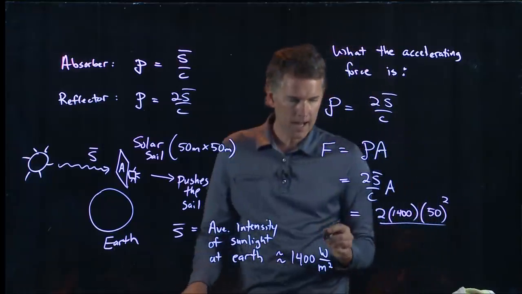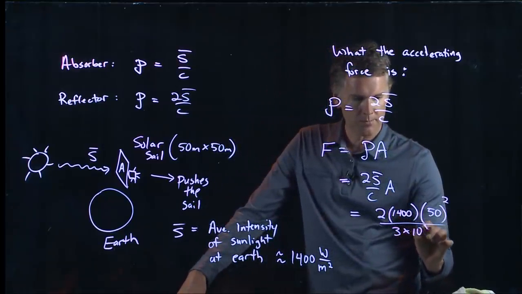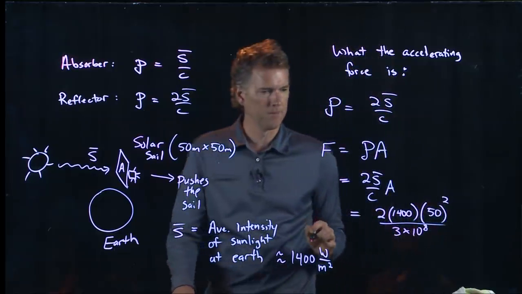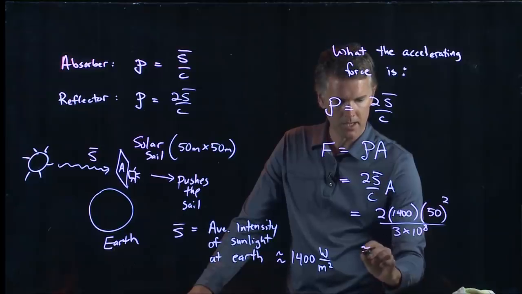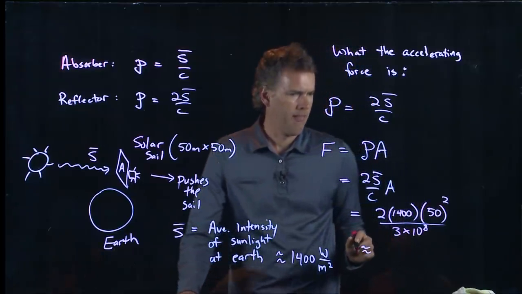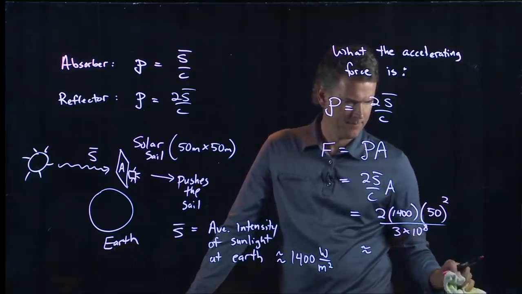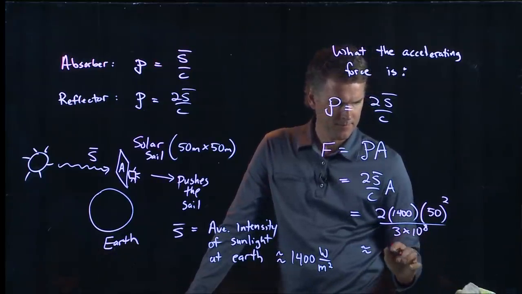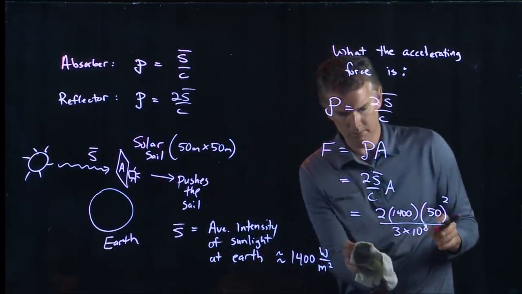And then we're going to divide by the speed of light, 3 times 10 to the 8 meters per second. So somebody punch that into your calculator. Tell me what you get. I'll just let you guys do that.